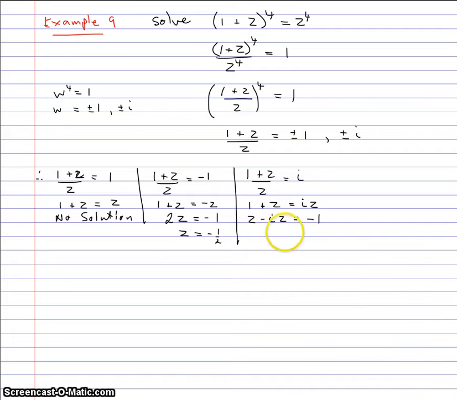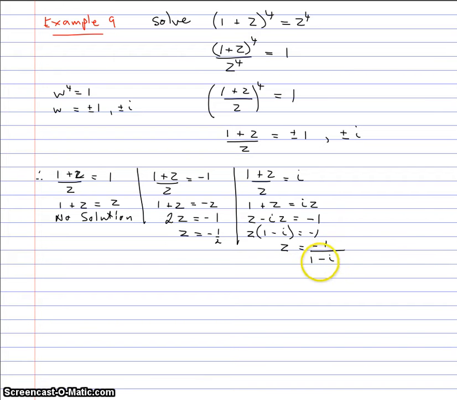Take out z as a common factor, so we've got z times 1 minus i equals negative 1, and then dividing by 1 minus i, we've got negative 1 over 1 minus i.